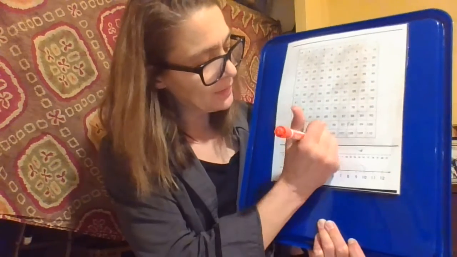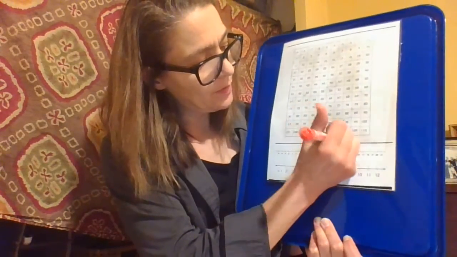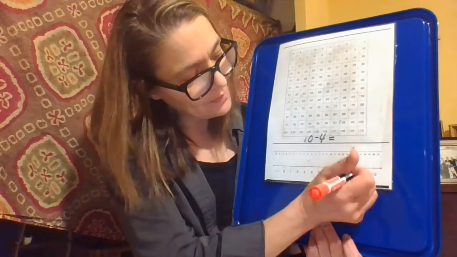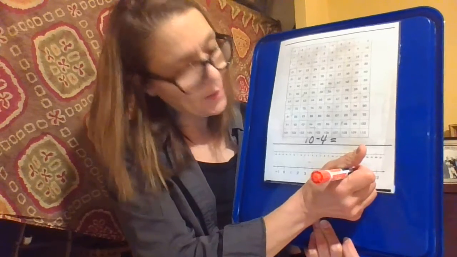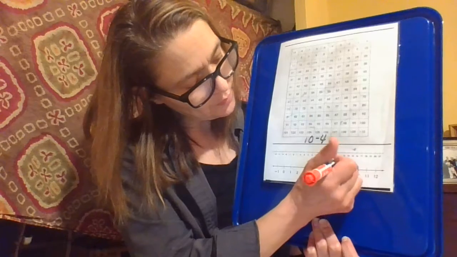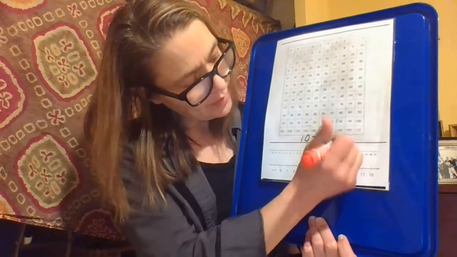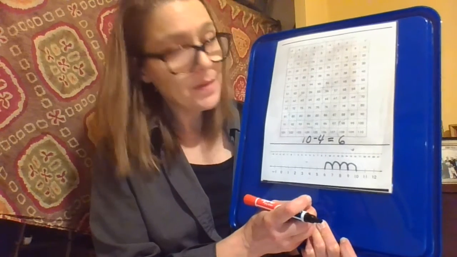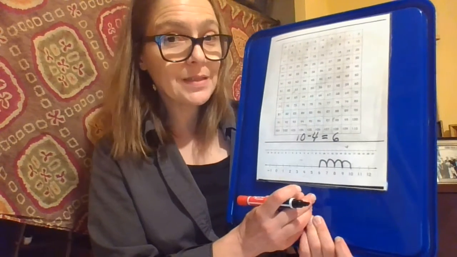If you want to count back to solve the same problem, you can count back. 10 minus 4 equals. You would find the 10 and you would count back 4. 1, 2, 3, 4. And you come up with the same answer. 10 minus 4 equals 6.